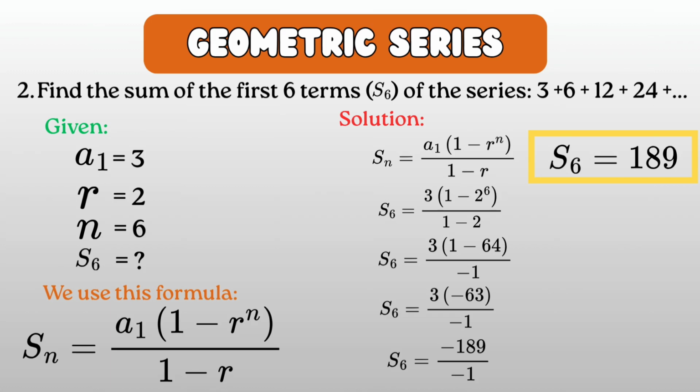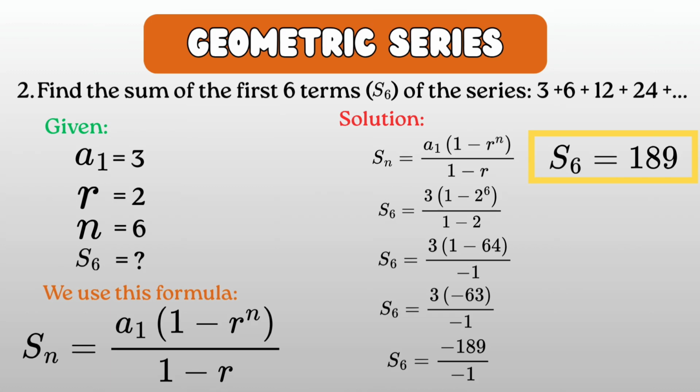Let's write our solution. Substitute the numbers into the formula. S sub 6 is equal to 3 times the quantity of 1 minus 2 raised to the power of 6, all divided by 1 minus 2. Always do the exponent first. 2 raised to 6 means 2 multiplied by itself 6 times, which is 64.